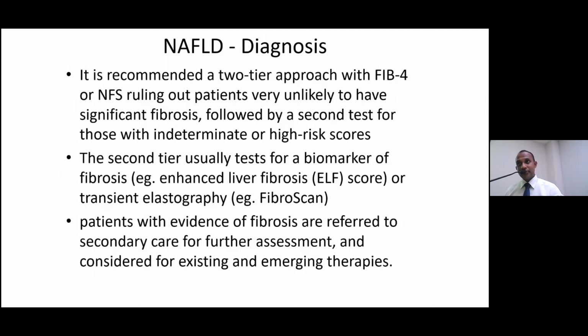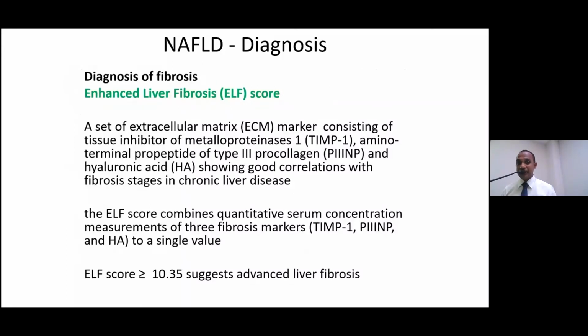For that category, you do a second tier of tests, usually a set of biomarkers like the ELF score or transient elastography, what we call FibroScan. Then you further refine them, and refer them for further diagnostic workup as well as treatment. That's how you usually approach patients with non-alcoholic fatty liver disease.